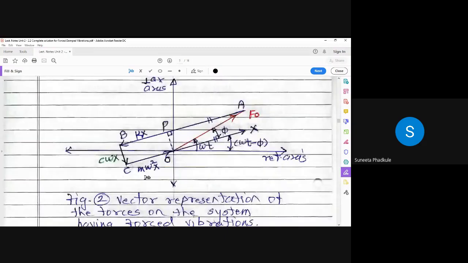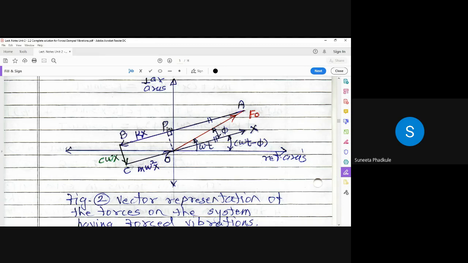Now I am at point C. The spring force, damping force, and inertia force are perpendicular, so the perpendicular sign must be there. The inertia force has to be drawn perpendicular to the damping force, having magnitude m omega square x, and the direction is plus pi.